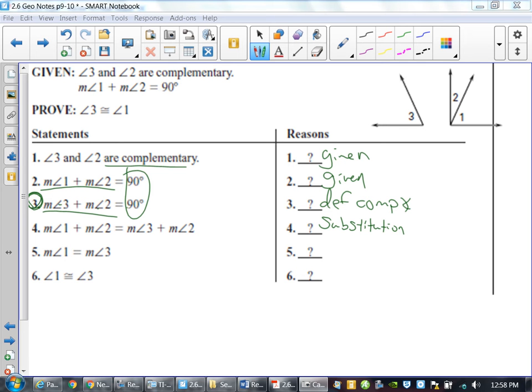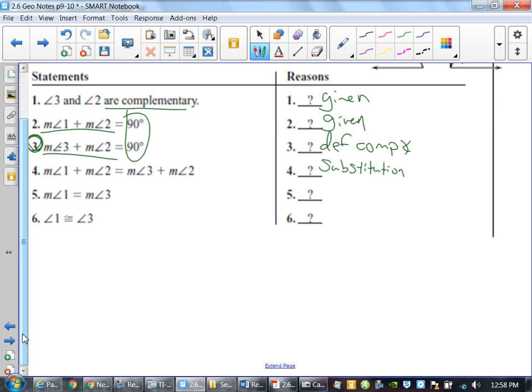So now, when I'm looking at step 4, and then I look at what happened between step 4 and step 5, what happened? What went away? Angle 2. How did they get rid of angle 2 on both sides? Subtraction. They had angle 2 on both sides, canceling them out to get to here. All they did was a subtraction property of equality.